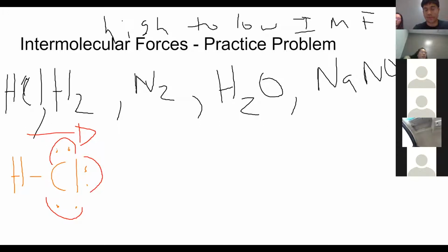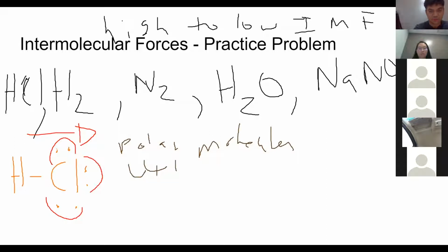Will it have hydrogen bonding? I want to say yes, but it's no. It doesn't have hydrogen bonding because it's not part of FON. But does it have a dipole? Yes. Polar molecules will have dipole.